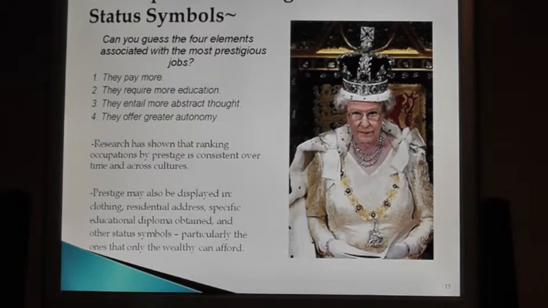So there are generally 4 elements associated with occupational prestige. The first is that jobs that are more prestigious, that you have a higher level of status for, they pay more. This often comes with the assumption that the jobs that pay more and have a higher social ranking require more education.